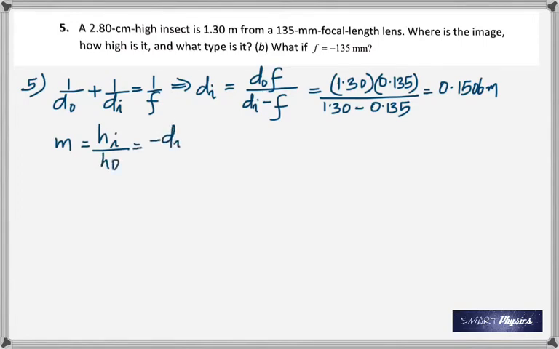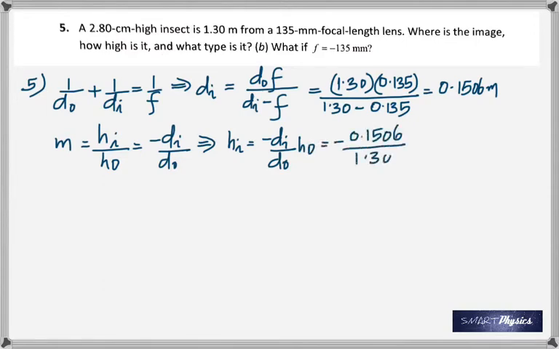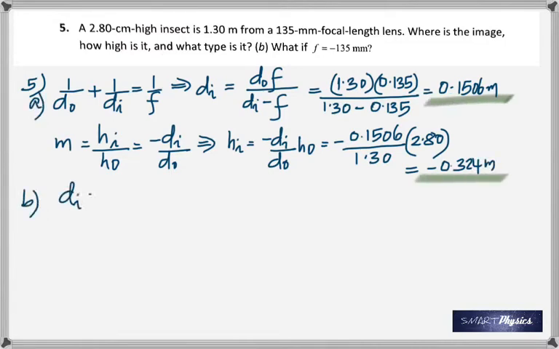Magnification is HI by HO, which is negative DI by DO again. So make HI the subject, and you get minus 0.1506 by 1.30. So get negative 0.324 meter.